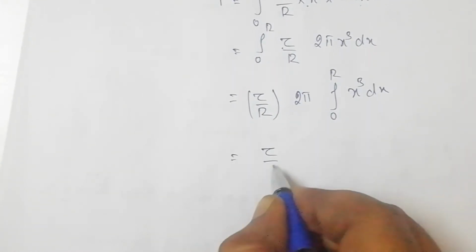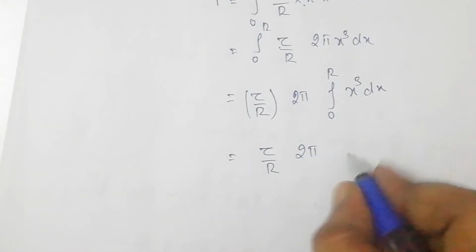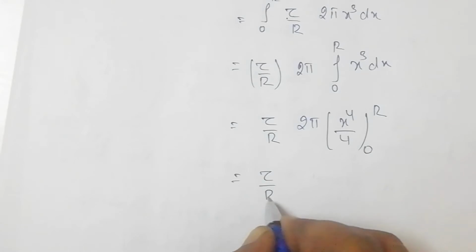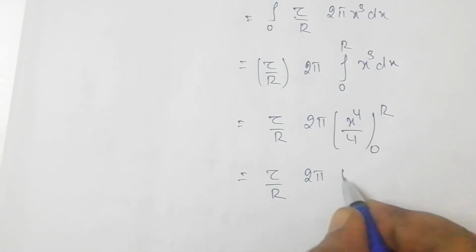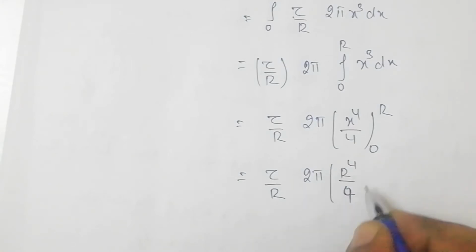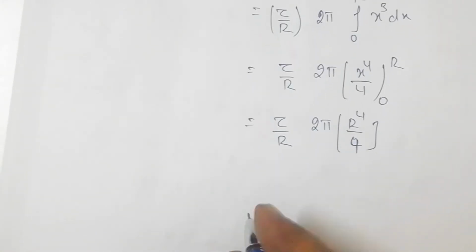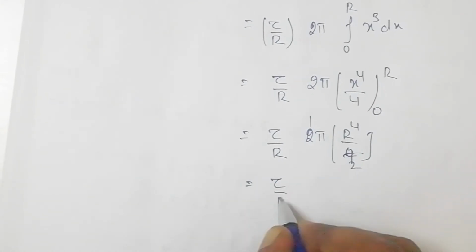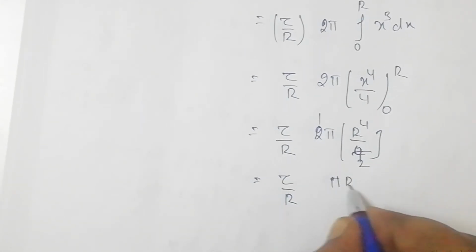So this will become tau by r 2 pi x raised to 4 by 4 between the limits 0 to r. That is tau by r 2 pi into r raised to 4 by 4 minus 0, okay, clear.